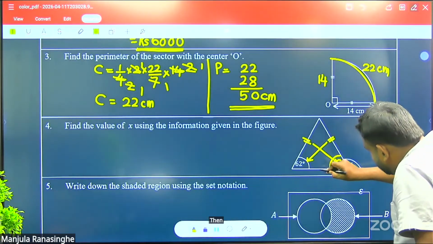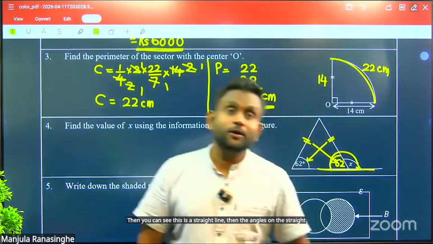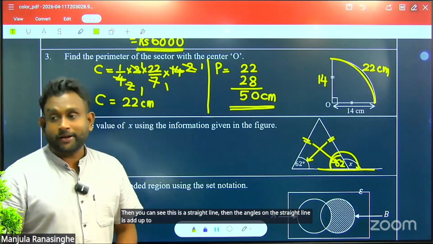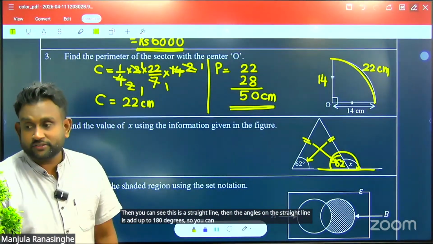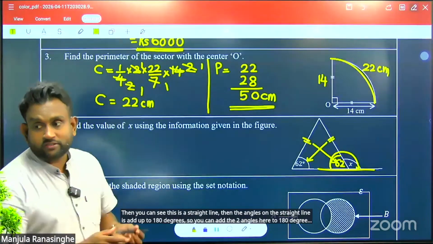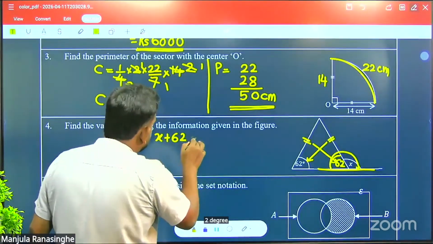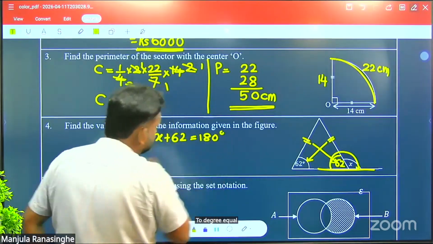Then you can see this is a straight line. The angles on a straight line add up to 180 degrees. So x plus 62 degrees equals 180 degrees.